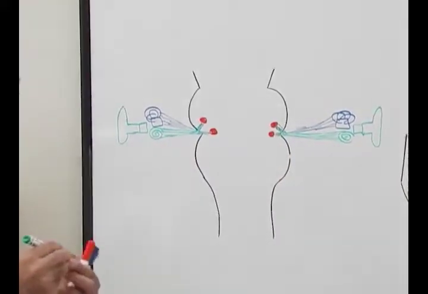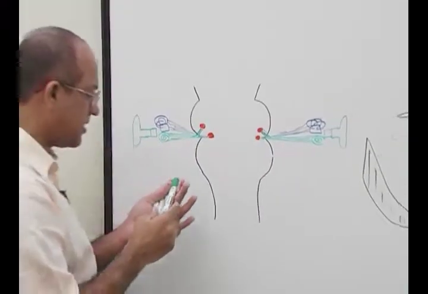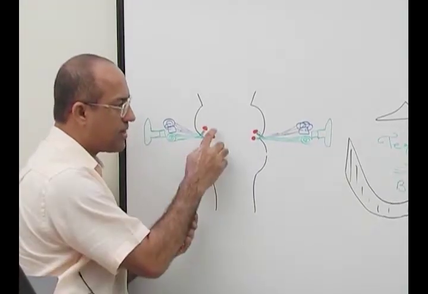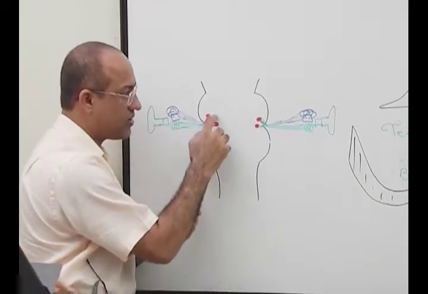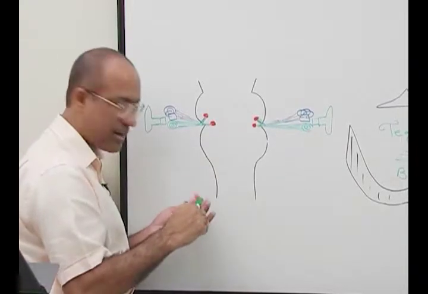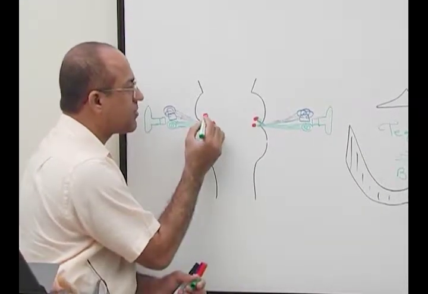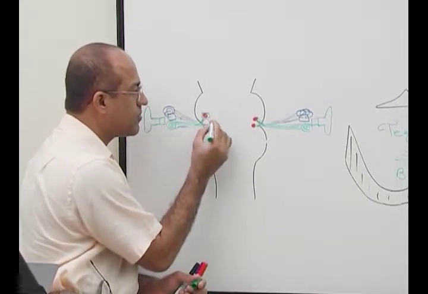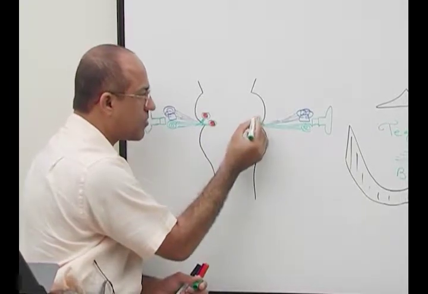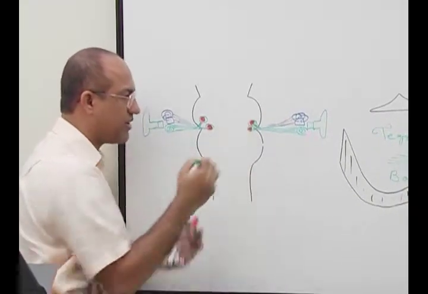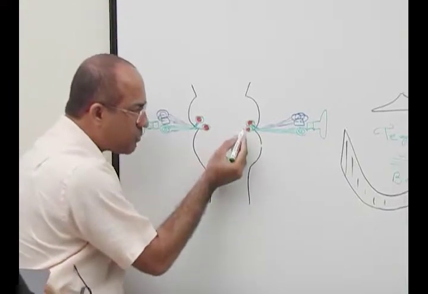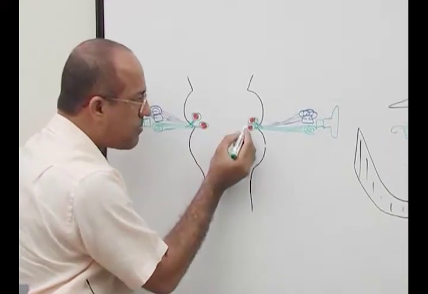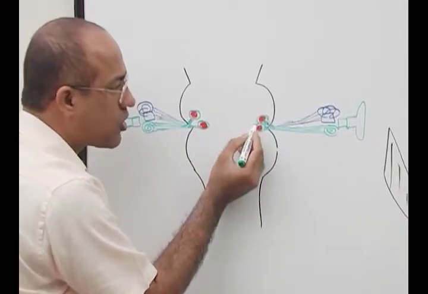Is that right? Now, from here, what is this structure? Cochlear nuclei, right? Ideally, I will make them green. These are cochlear nuclei, ventral and dorsal. Especially from the ventral cochlear nuclei, many fibers go contralaterally.